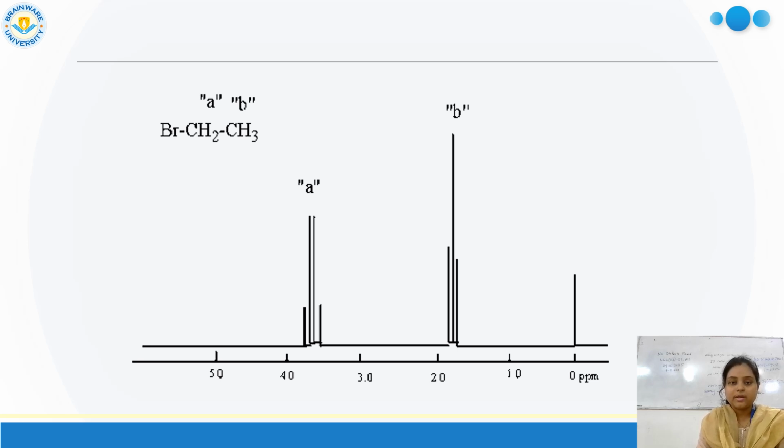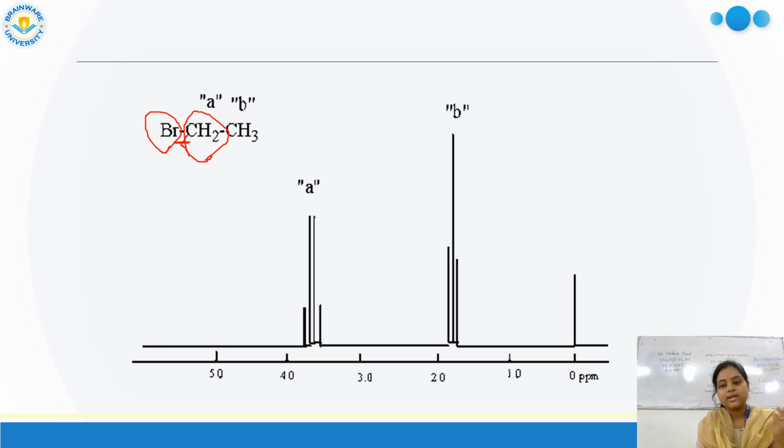Now you have to tell which one is deshielded and which one is shielded. This CH2, if you see, is attached to bromine. Bromine is an electronegative atom, so if protons are near an electronegative atom, obviously they will be deshielded, because the bonding electrons are attracted towards bromine.